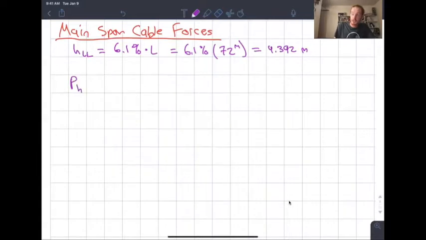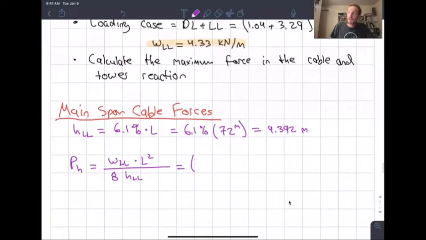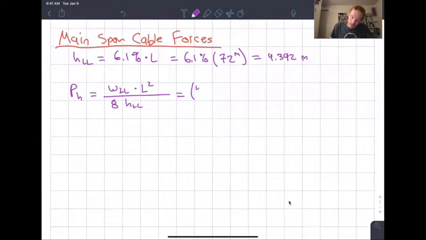We can now use this to calculate our horizontal tension. So P sub H is equal to WLL times L squared over 8 HLL, right? If we plug in our numbers, WLL we had before is 4.33 kilonewtons per meter, our span was 72 meters, squared, all over 8 times 4.392 meters.